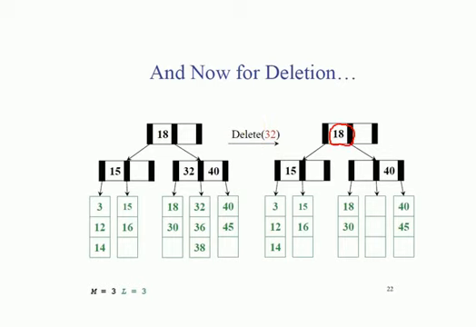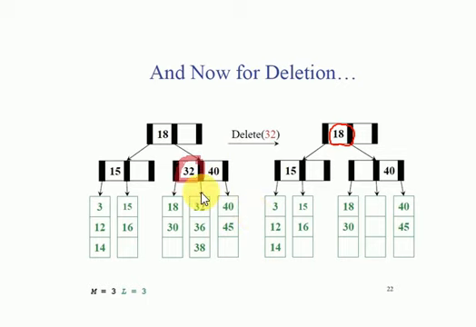If I look at the given B plus tree, I can find that 32 is present here in the index node, and it is present in the data node also.